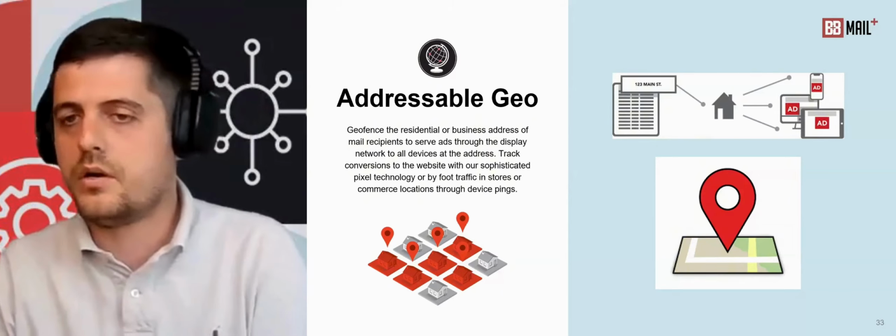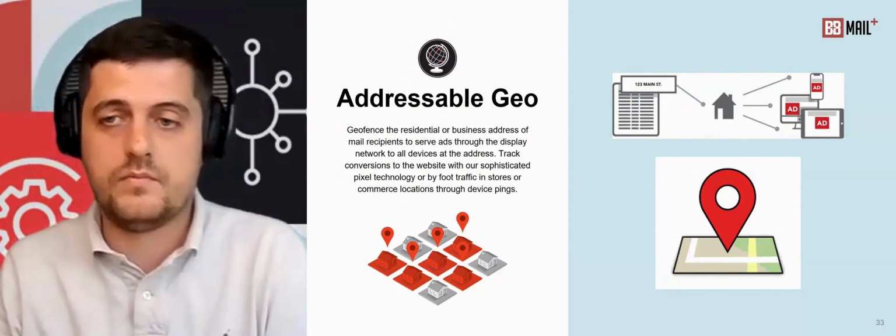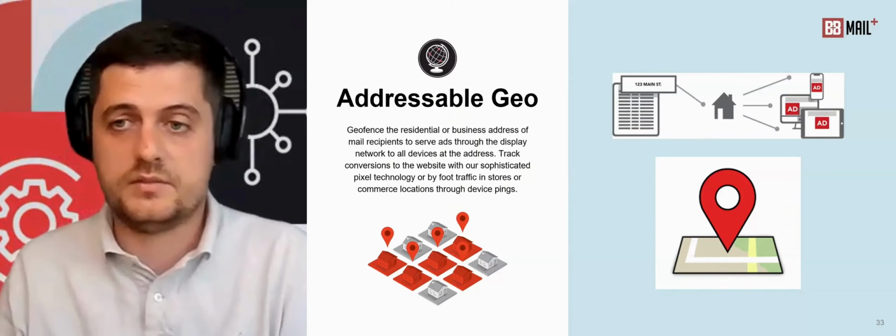So no matter if they're on a cell phone, home computer, tablet, or even a connected TV, if it's within that household, connected to the internet, we can reach them on over 200 different display networks, so virtually anywhere and everywhere that they visit while they're online.